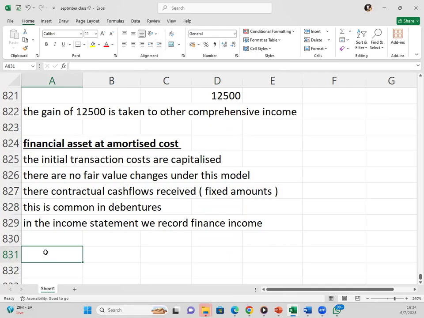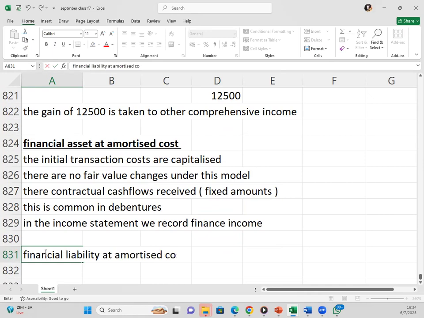Then the last one is classification of a financial liability at amortized cost. This is just the opposite of financial asset. So the financial liability at amortized cost.